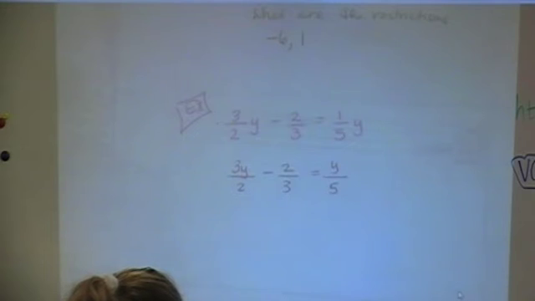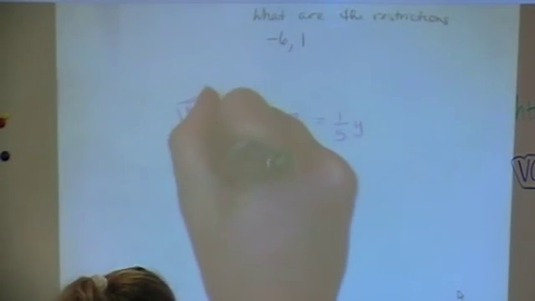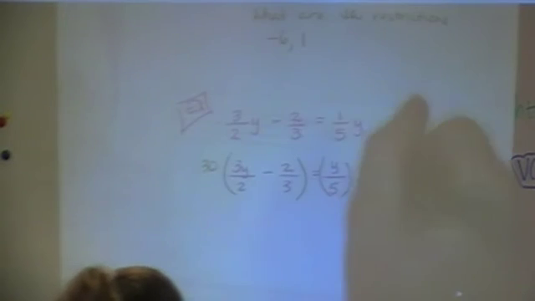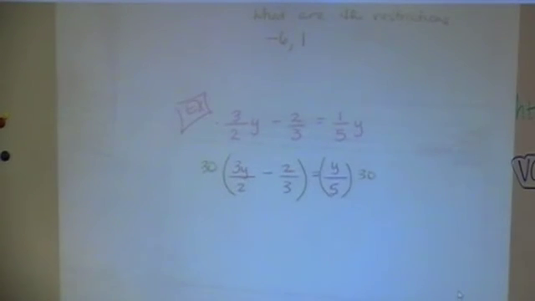Let's just, for the sake of all doing it together, multiply by the common denominator. So between 2, 3, and 5, what's the common denominator? Anybody know? 30. So I'm going to multiply both sides by 30. When you do, you have to multiply every piece by 30.